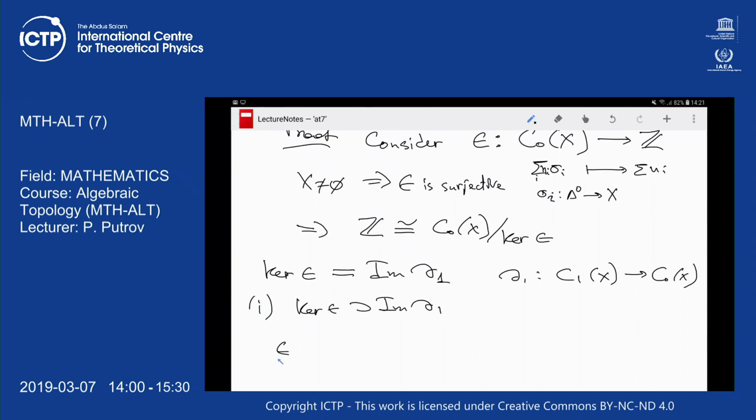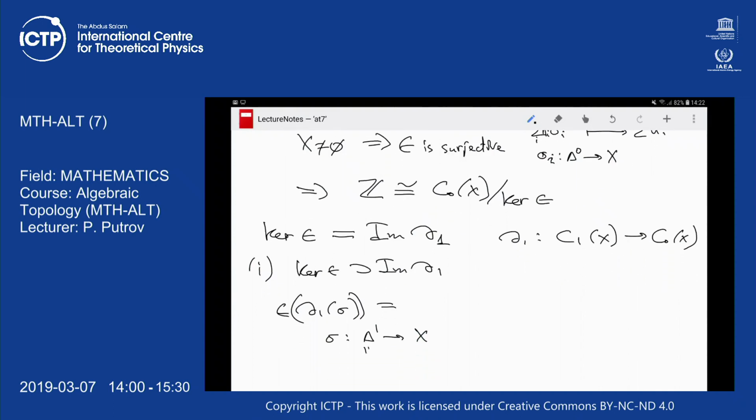So for this, let me consider an arbitrary element sigma, and the action of D1 on this sigma, and then the action of epsilon. In order to show this, we need to show that this is 0 for arbitrary sigma. So sigma here is an element of C1 of X, so this is a map from delta 1 to X. Let me denote the vertices of delta 1, which is the one simplex, by B0, B1.